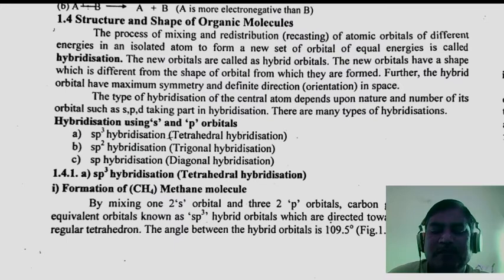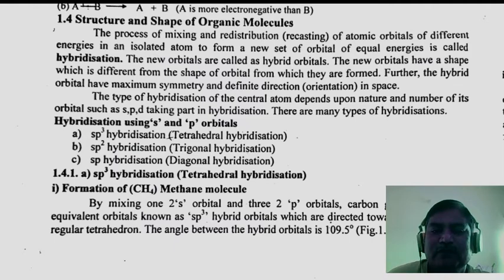So hybridization is the phenomenon or the process which is useful to construct a new bond between any two atoms, right?